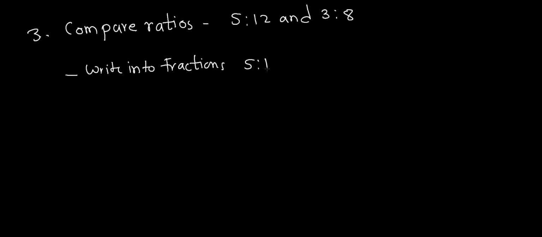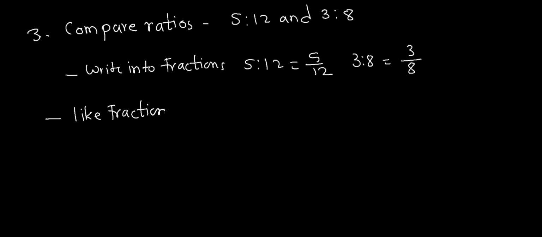So 5 is to 12 is equal to 5 by 12, and 3 is to 8 equals 3 by 8. Now in order to compare, we need to make them like fractions, meaning their denominators will be the same, and for that we will calculate the LCM of 12 and 8.